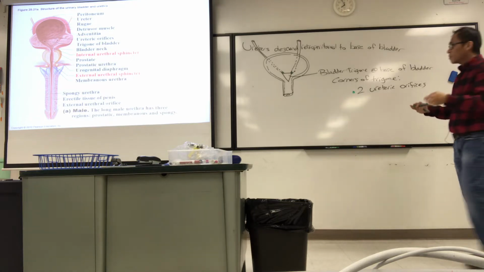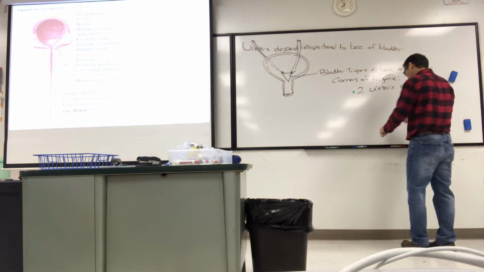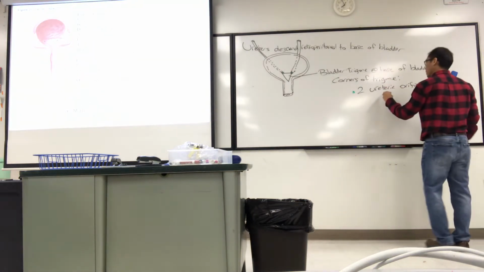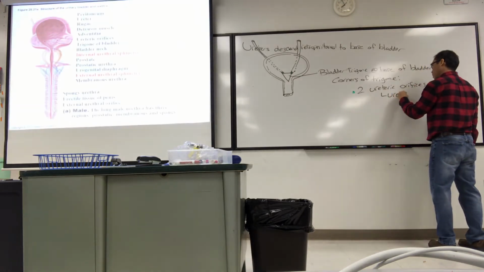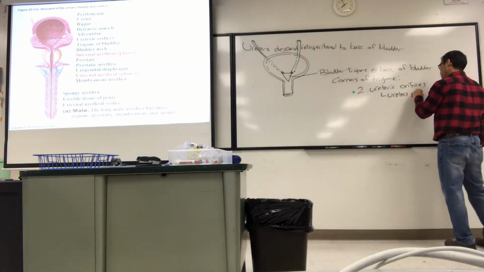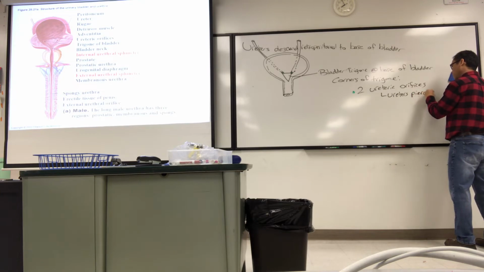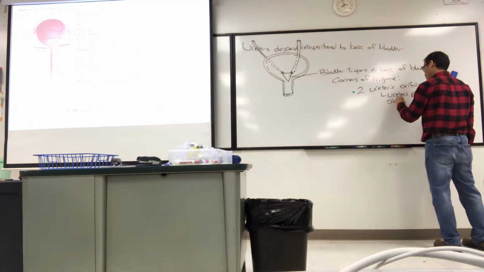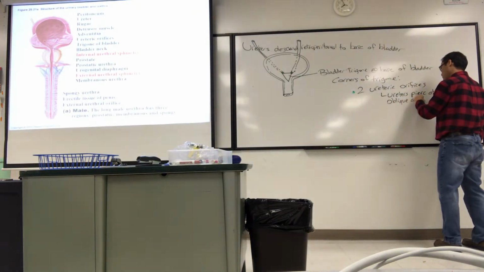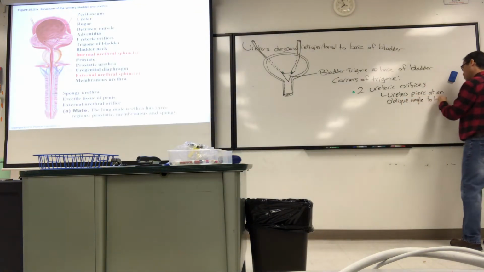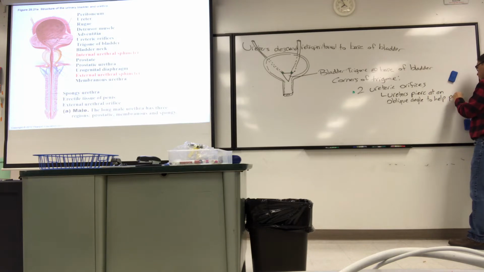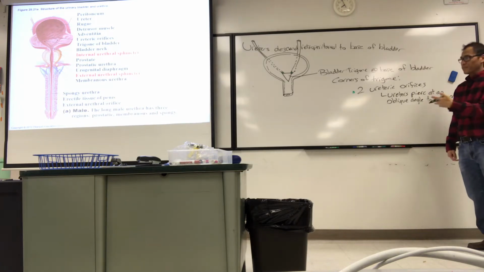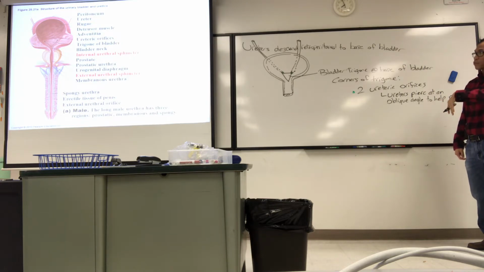But normally, when the ureters pierce the wall, ureters pierce at an oblique angle to help prevent urine reversing its flow.